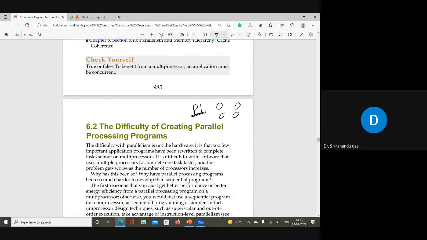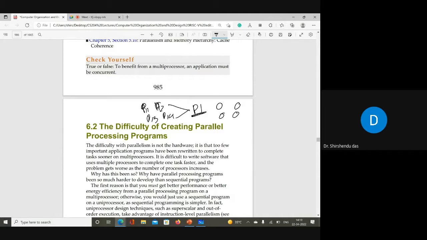So if you say this is p1 and I divide p1 into four parts, p11, p12, p13, p14, and each part will run in one core, it is easy to say, but these parts may need to communicate with each other. Otherwise it may not be possible to complete the task. There may be some dependencies. So this inter-process communication is also very challenging.